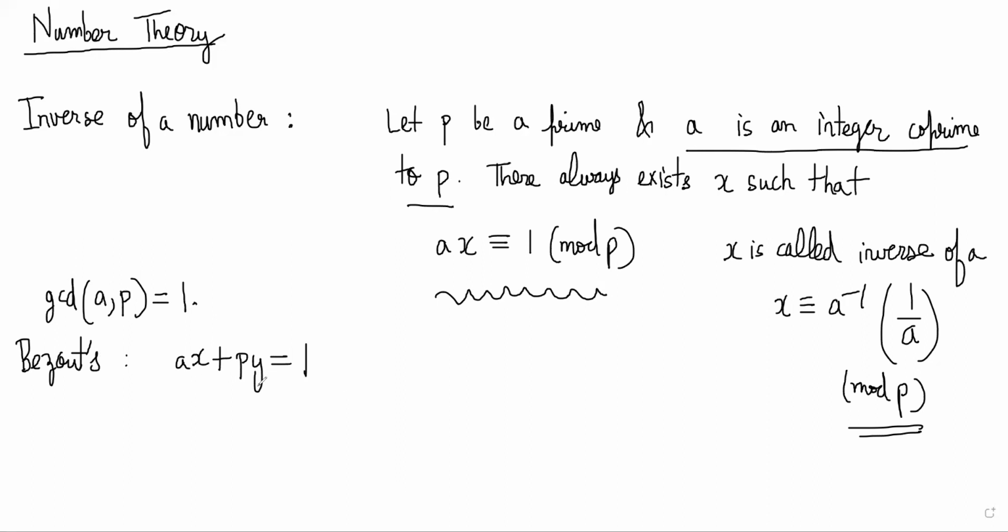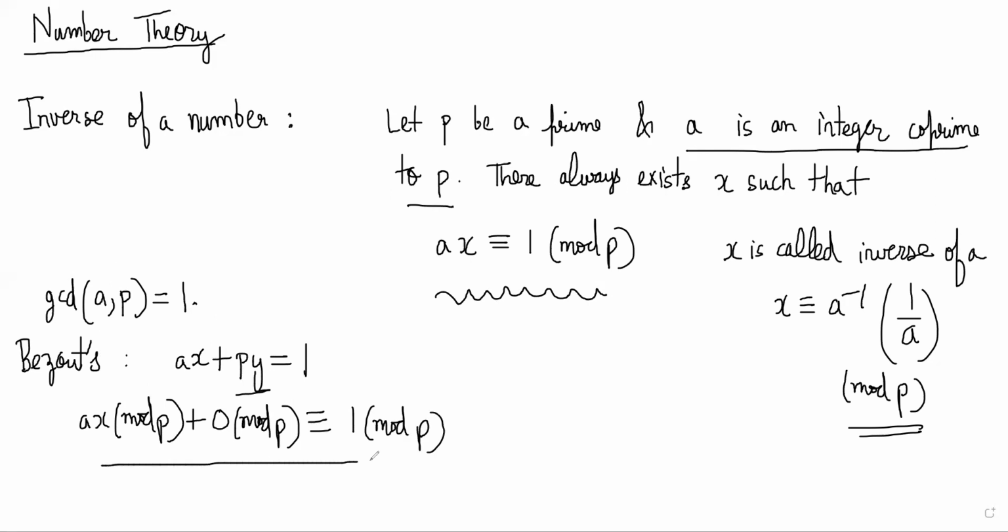Now take mod p on both sides. The py term will be 0, so this is only one step, and you get ax is congruent to 1 mod p. Then x is that integer. The only thing that matters here is that GCD of a and p is 1. If you have that, by Bezout's lemma you get this.